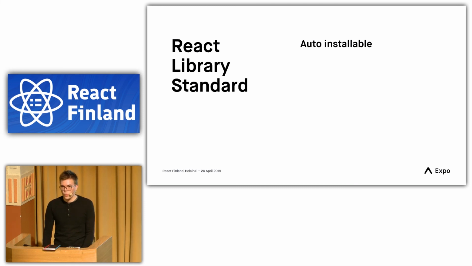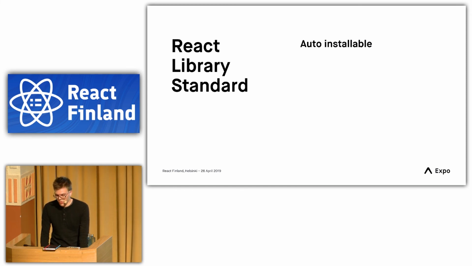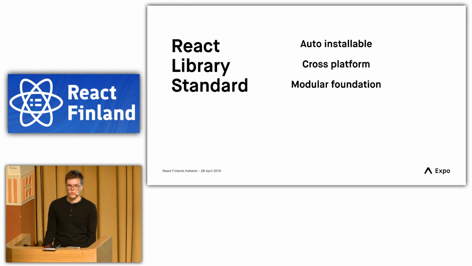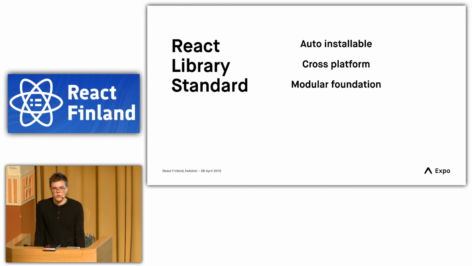And what Unimodules brings to the table is modules that are auto-installable and auto-linkable, cross-platform. They should work the same on iOS, Android, and web. And Unimodules provide a modular foundation for building native libraries.